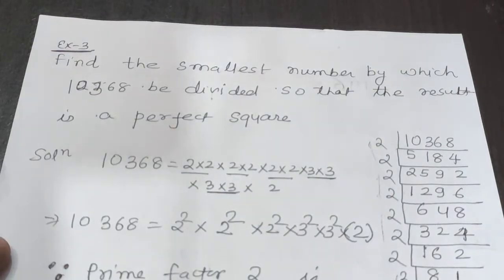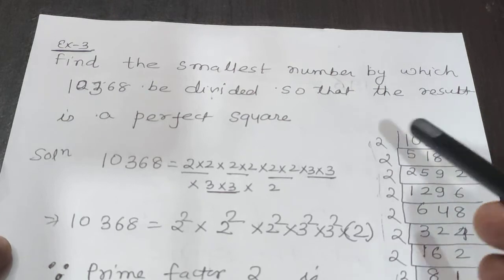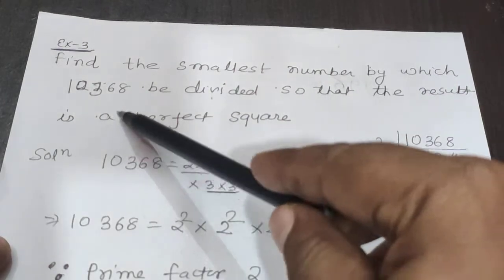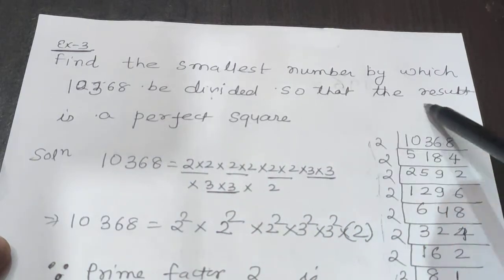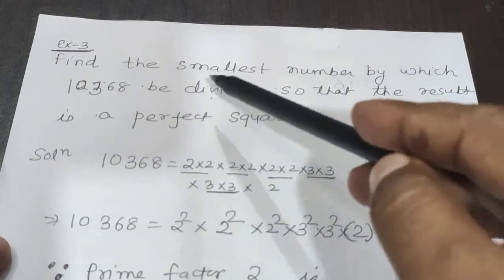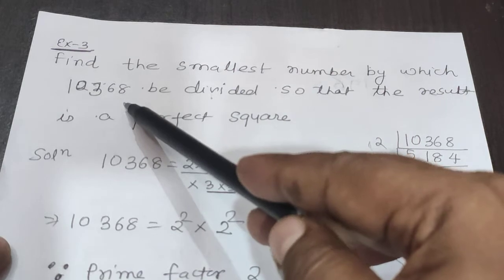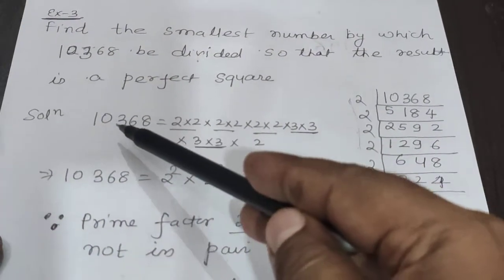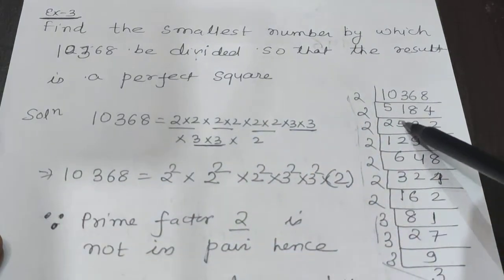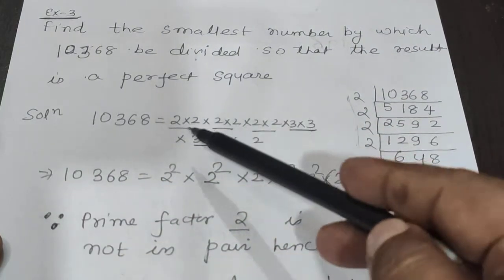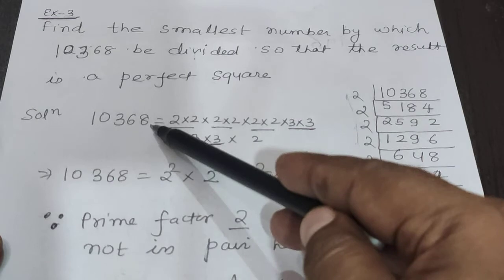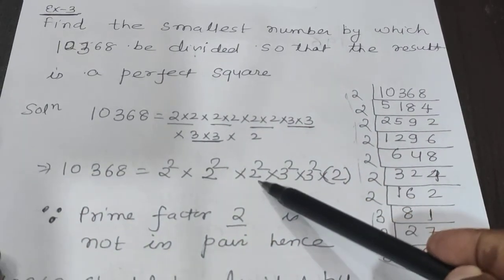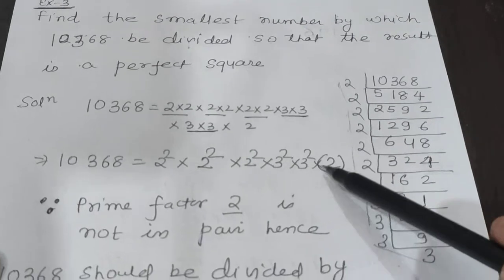Now I'll come to the third example. Here the question says, find the smallest number by which 10368 must be divided so that the result is a perfect square. It is clear that it is not a perfect square; something is not in pair out of its prime factors. When the prime factorization of 10368 is done like this, we found that 10368 can be represented as 2 square into 2 square into 2 square into 3 square into 3 square into 2.